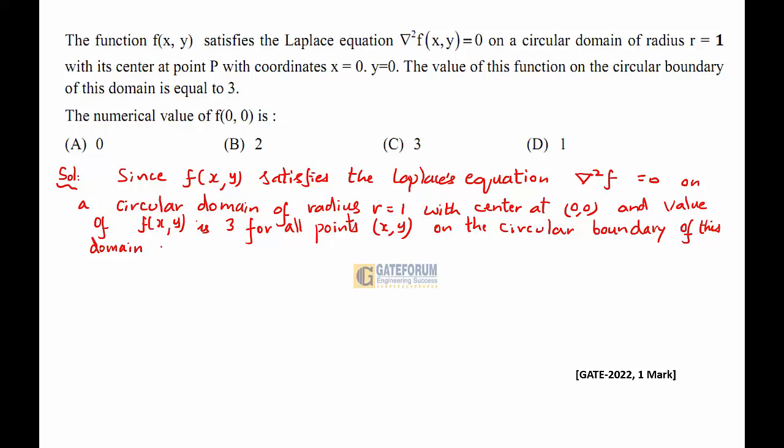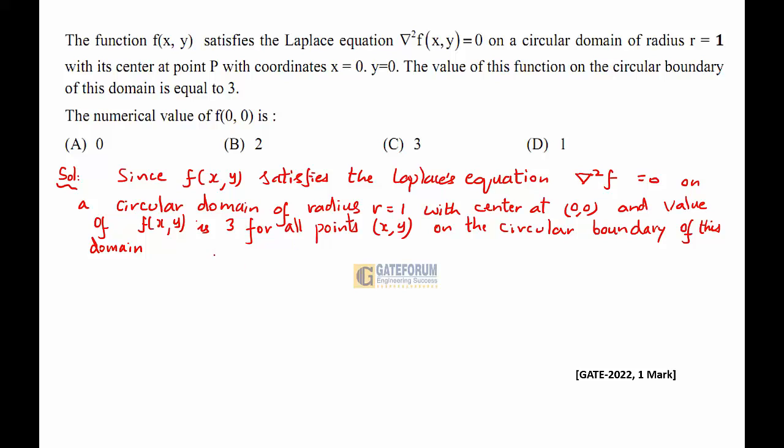So on the boundary of the circular region, that is circular domain, it is given function value 3. Already function satisfies the Laplace equation on the circular domain, that is circular region. So that means inside the points of this region, the function satisfies the Laplace equation. Already the function value is equal to 3, means the same function value is also equal to 3 at interior point of the region.